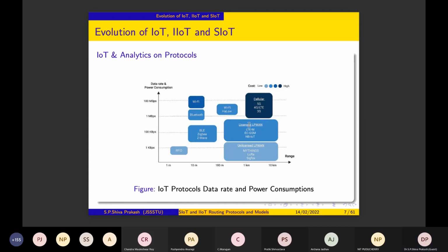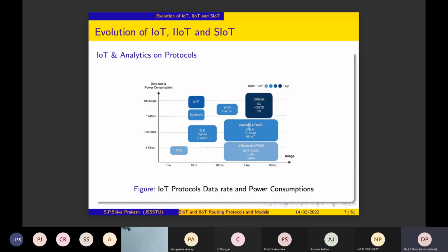Now, once we choose the protocols, how does the data have to be transferred? Okay, what is the speed of the data? So up to 100 Mbps, we can transfer the data by using these set of protocols. Of course, nowadays most of the applications use Wi-Fi as well as cellular.